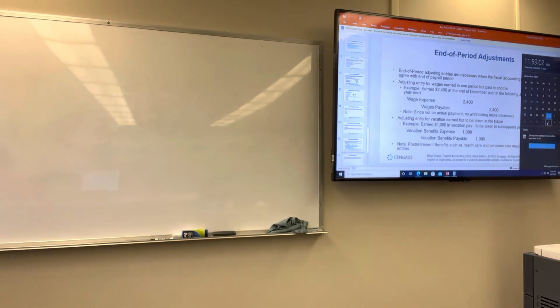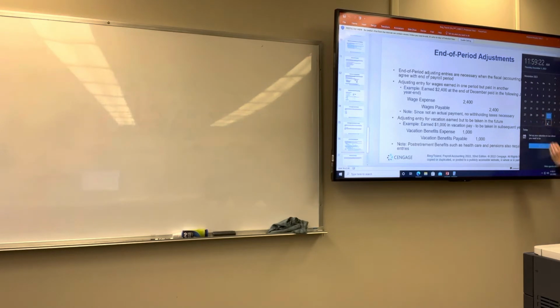If we had a pay period that started, say it started on the 27th of November, it's a 2-week pay period. Started on the 27th of November, and then it's going to end on the 10th of December.